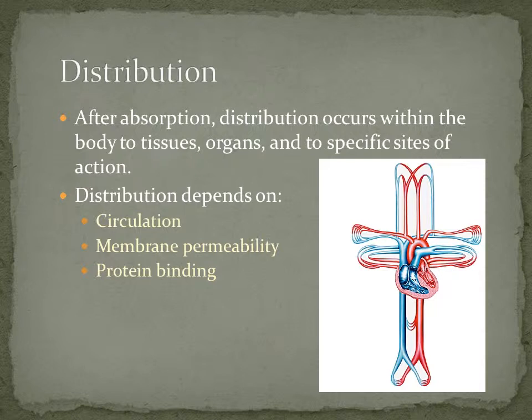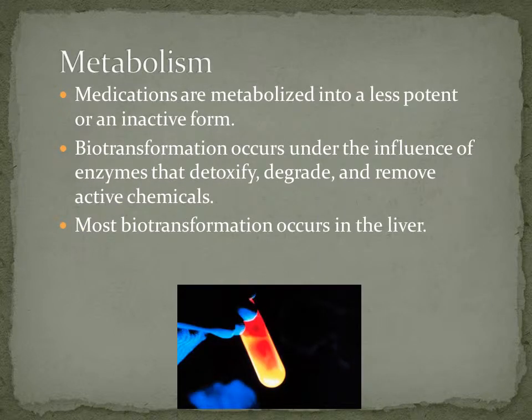And narcotic use can create withdrawal symptoms in the fetus. The degree to which medication binds to serum proteins will affect medication distribution. And most medications bind to albumin to some extent. Biotransformation can occur in the lungs, kidneys, blood, and intestines.